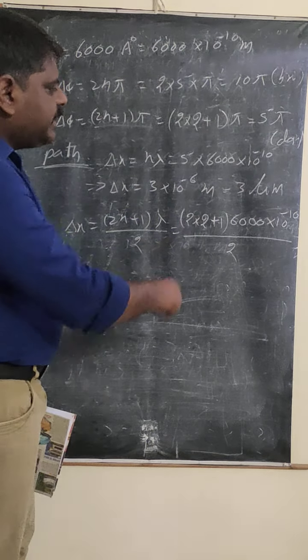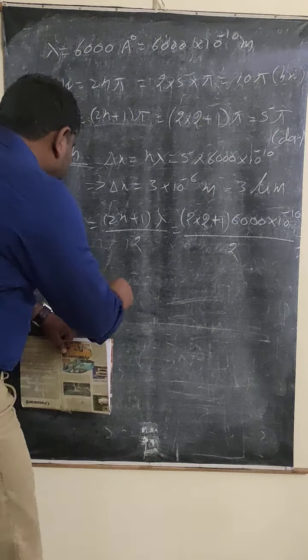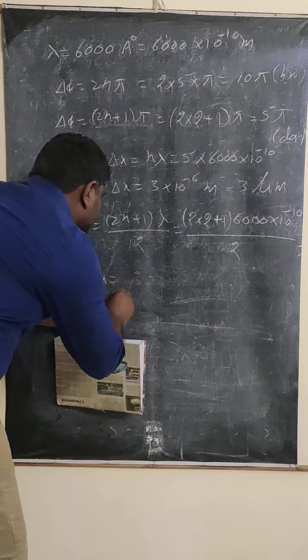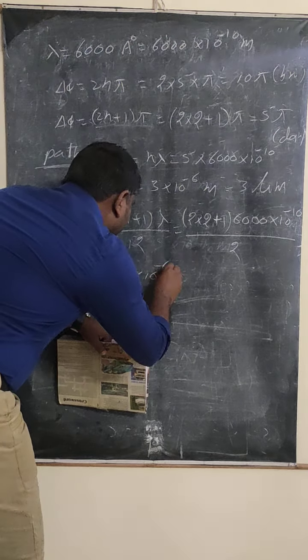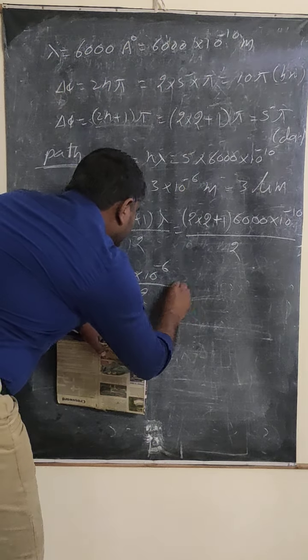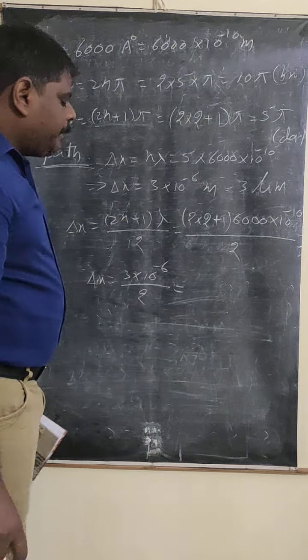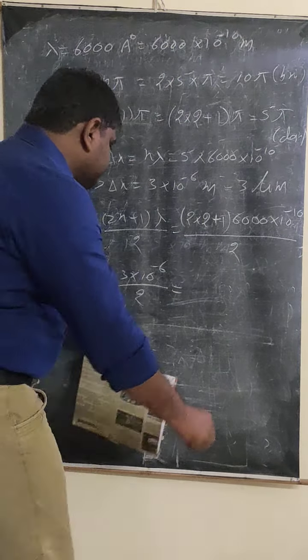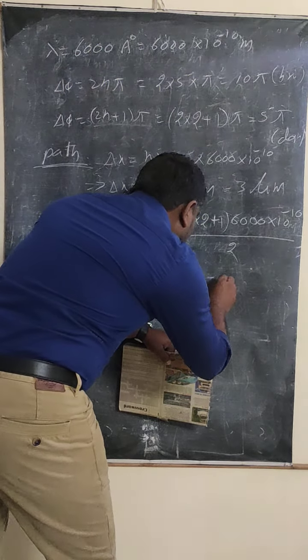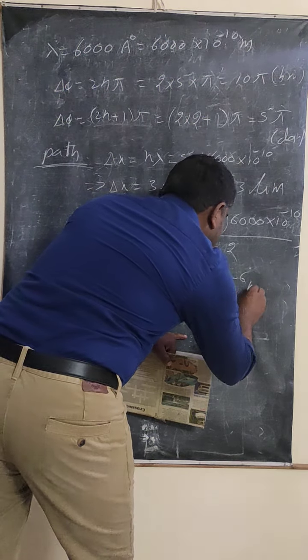Already 4 zeros are there, so 3 into 10 to the power of minus 6. So delta x is equal to 3 into 10 to the power of minus 6 by 2. If you simplify it, 3 by 2 is 1.5. So it is 1.5 into 10 to the power of minus 6 meters.